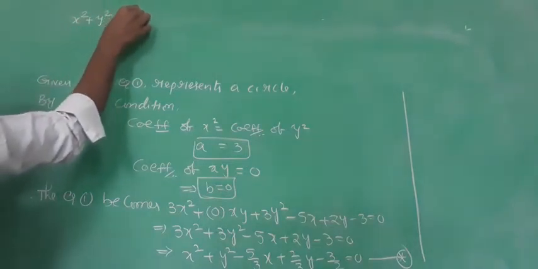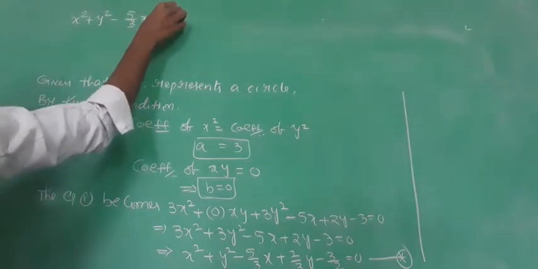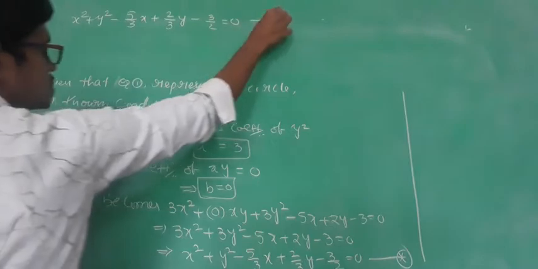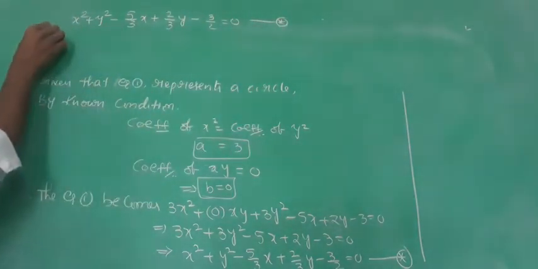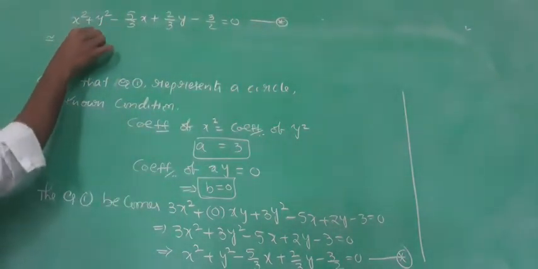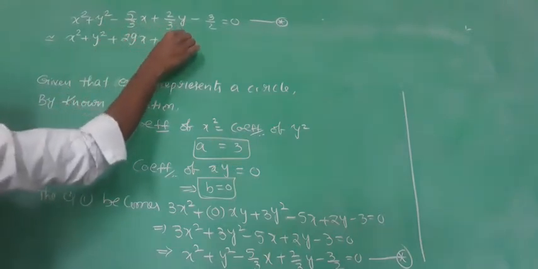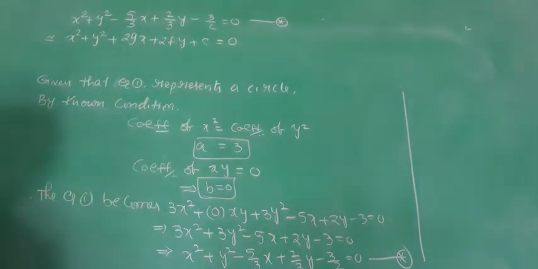The equation is x² + y² − (5/3)x + (2/3)y − 3/2 = 0. This is the equation of the circle. Now compare it with x² + y² + 2gx + 2fy + c = 0.